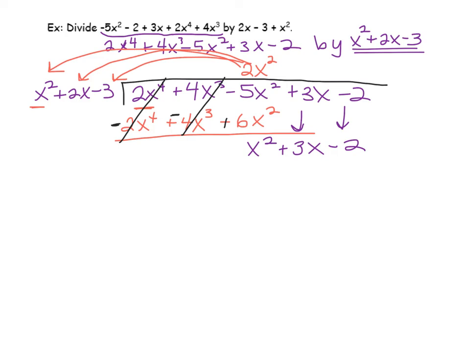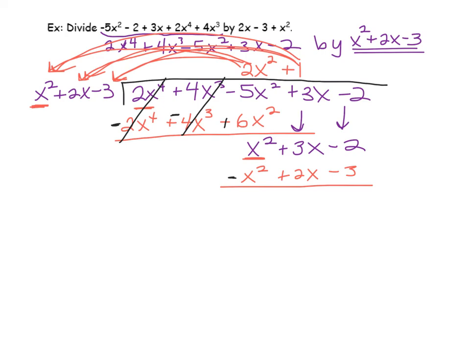All right, it looks like this isn't going to be so bad. Now we have x squared and x squared. So I would just multiply that by 1, which means we have to multiply everything by 1. And that gives us x squared plus 2x minus 3. When we subtract, change your sign, change your sign, change your sign.